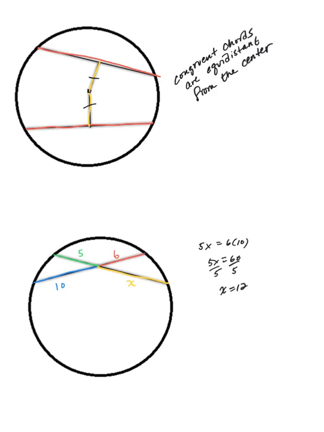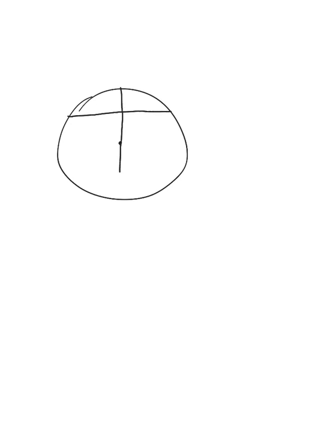Now keep in mind, they could do something here. Let me just show you on the next slide. This is a typical question they could give you, where you have a circle, and then you have a chord here. You have another chord, okay, which is perpendicular.